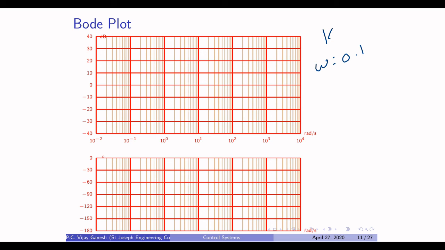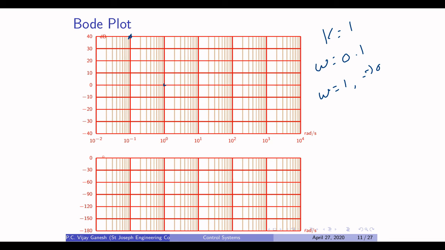So I can take omega value equal to 0.1 and k equal to 1. Then I'll get the value as 40 here. Now if you take the second scenario, it is 0 at omega is equal to 1. That gain will be equal to 0 for us.